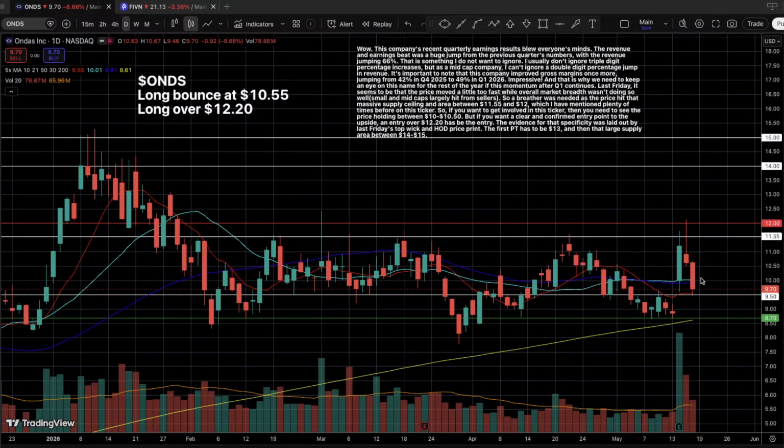But again, I think in the mid to longer term future, a double digit share price is not out of the question for this company. So I think ONDS definitely has a lot of room to go back to $14 to $15 as seen here from a technical perspective, but there's a fundamental reason as well.